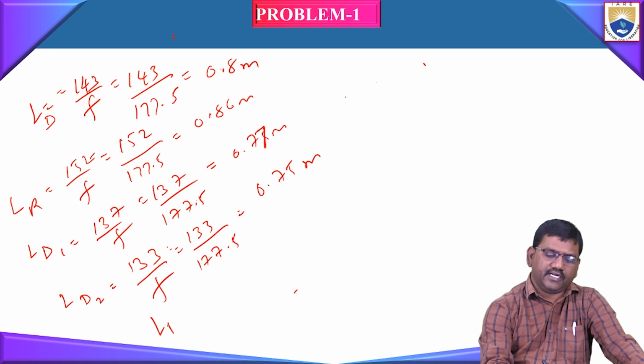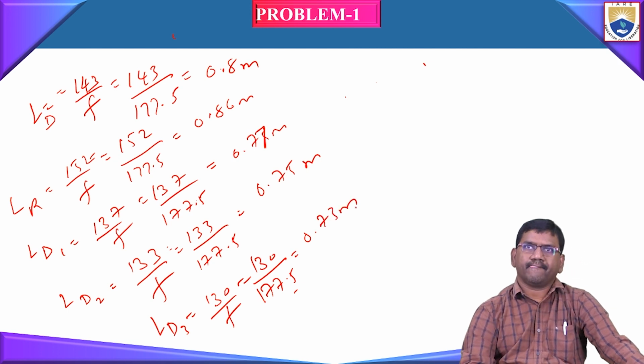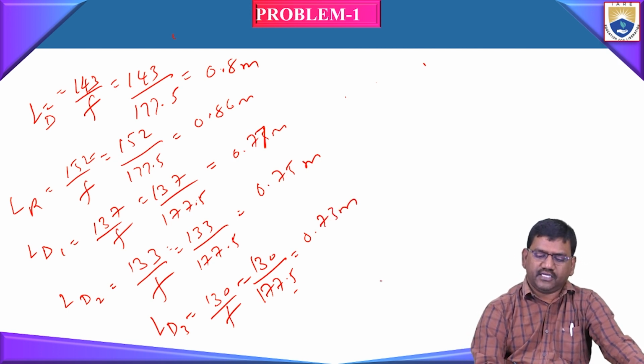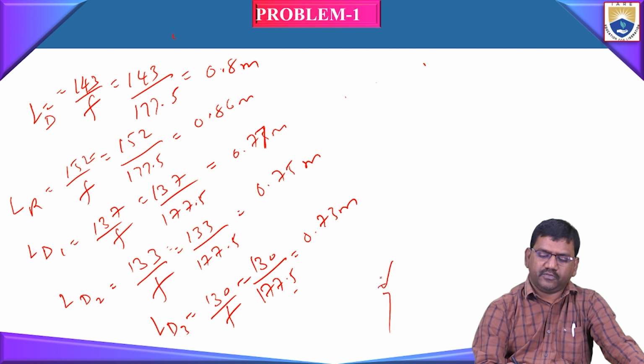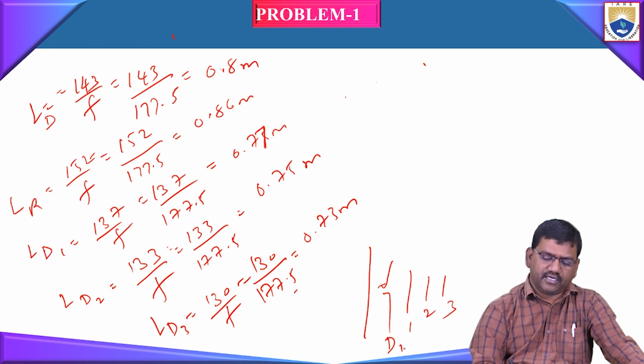Similarly, the length of director 3 is given by 130 by f, which is 130 by 177.5, equal to 0.73 meters. So we have found out the lengths of the directors, the dipole and the reflector. This is LD1, LD2, LD3, that is 1, 2, 3, then the director 1, the dipole.